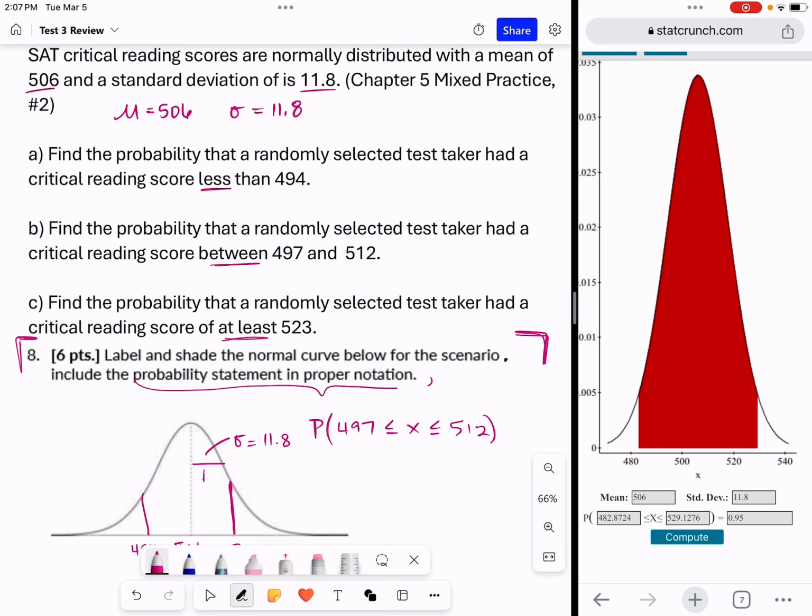But again, I don't like it to get squished along the bottom, and I just need to make sure that my general area matches with the probability that StatCrunch is trying to give me.